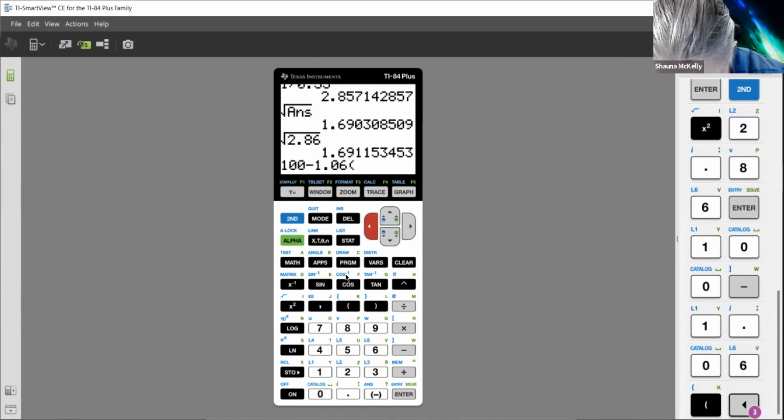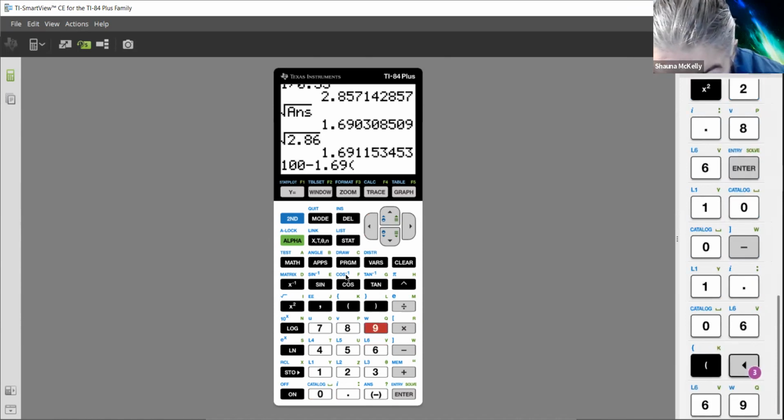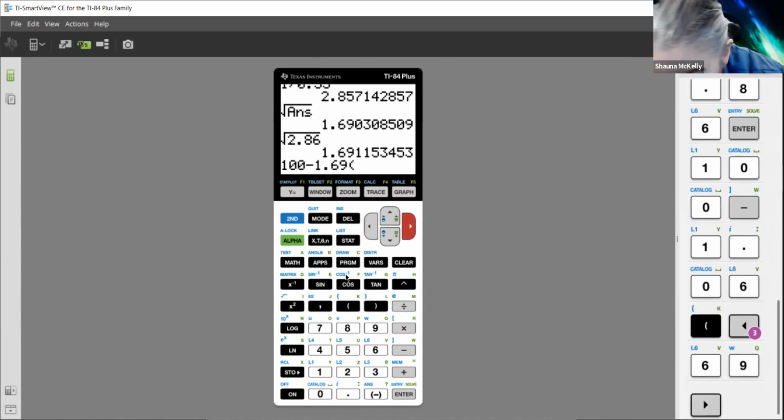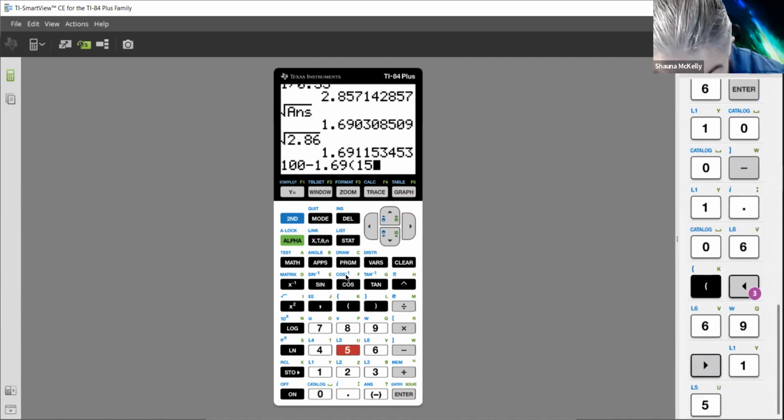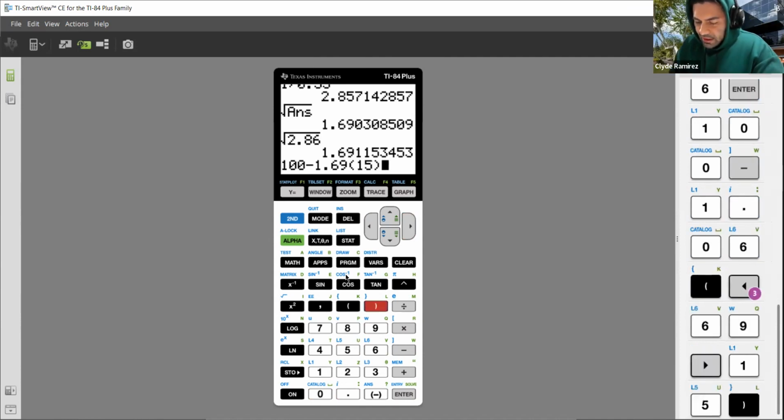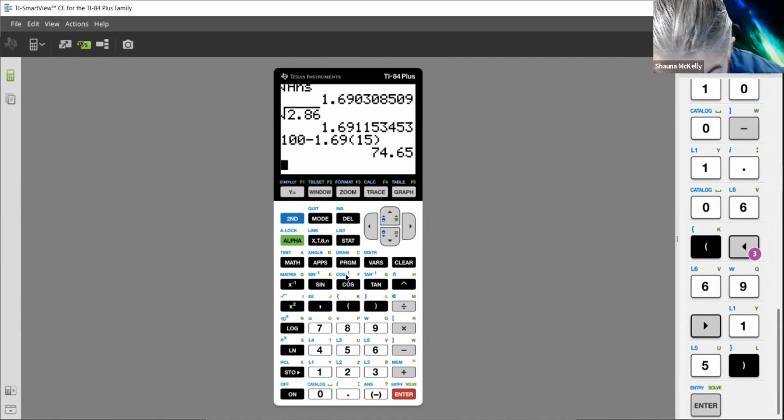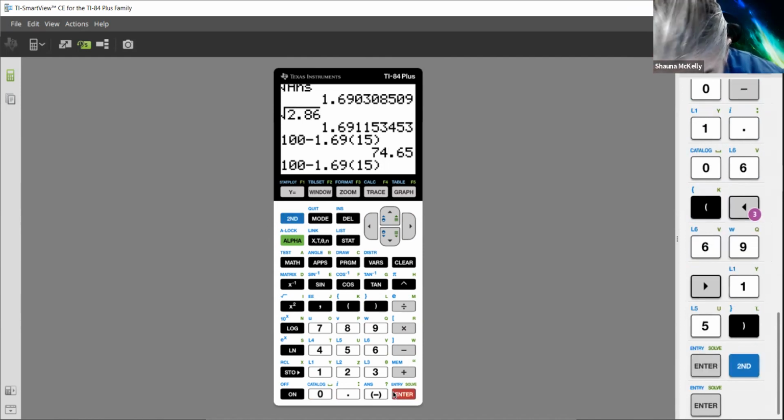Put it in your calculator correctly or you won't get the right number, because that's important. 74.65. Then here I'm going to do the plus, the big one, which should be more than 100. 125.35.